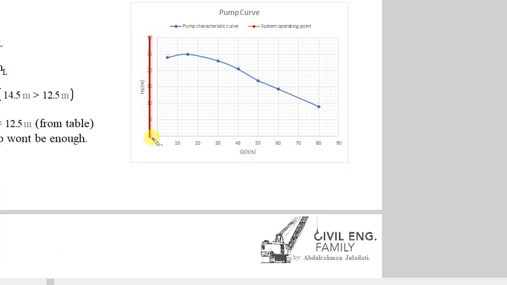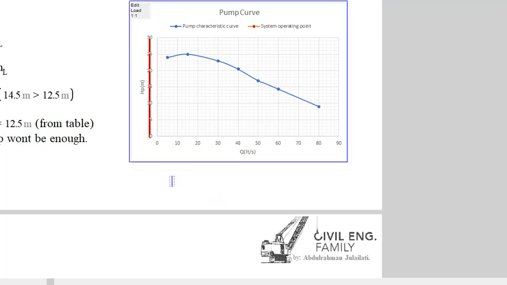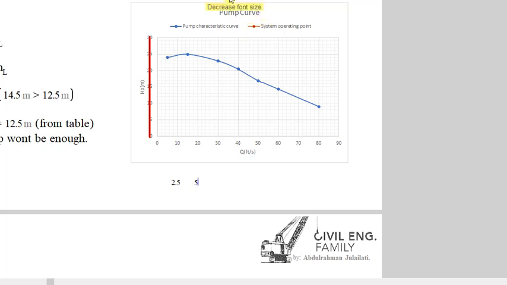These numbers will be 2.5, scale should be 2.5, then 5, then 7.5, 10, and so on. This one should be like this.